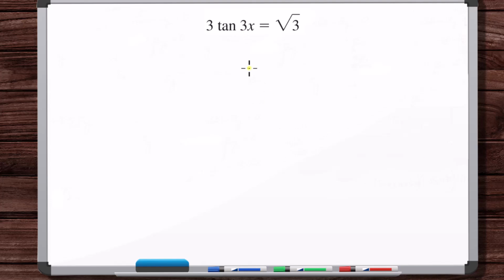No, absolutely not. Because this is linear in tangent 3x. We just say that u is equal to tangent 3x. So we have 3u is equal to root 3. Obviously, you just divide both sides by 3, but this is technically a linear equation with tangent 3x. So you've got tangent 3x is equal to root 3 over 3.